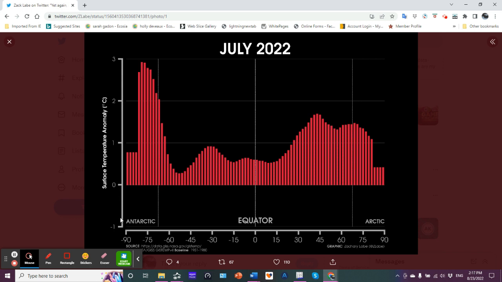The departure is from 1 degree below that average for that time period to almost 3 above, of course, degrees C. Look at the Southern Hemisphere. In July, the middle of their winter, it's nearly 3 C warmer than this 30-year average.